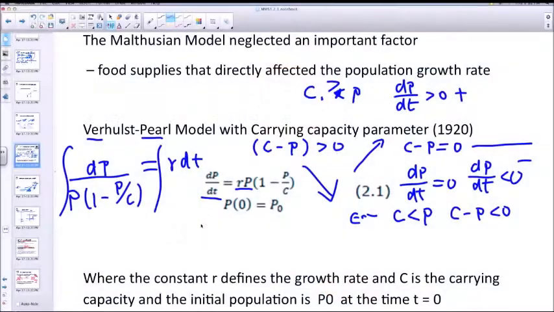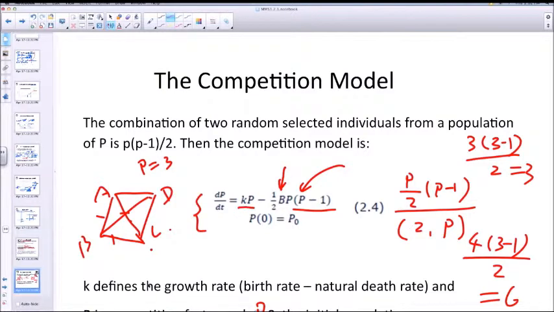Now, the hint is this. If you rewrite this, this is a quadratic equation for P. And if you rewrite the second one, you get this, plus K plus half B of P, again a quadratic of the population.